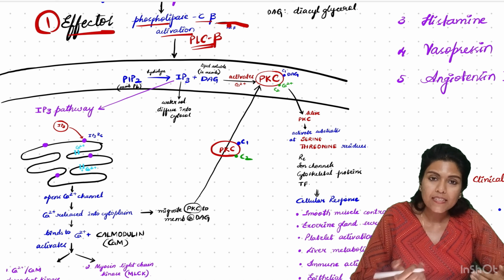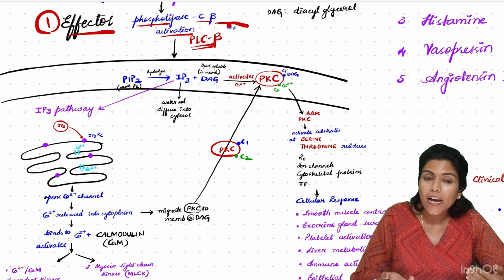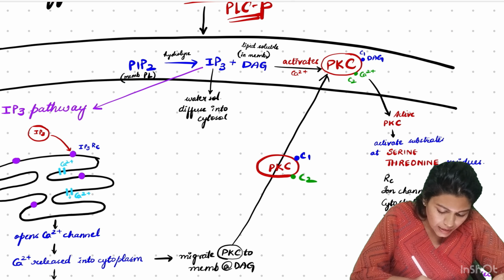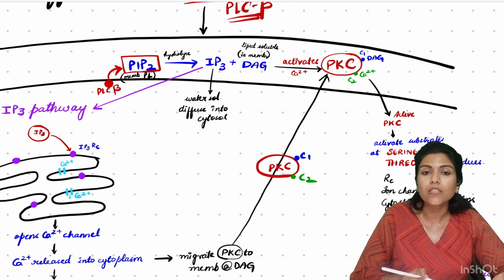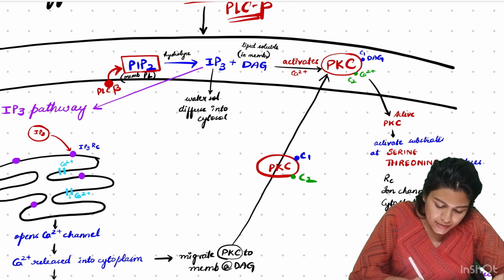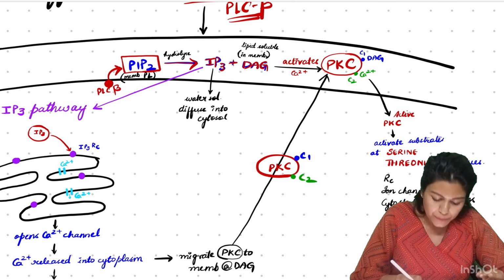Once this effector gets activated, it will cause hydrolysis of membrane phospholipids. The membrane phospholipid is PIP₂. This phospholipase-C beta, once activated, will act on the membrane phospholipid and cause its hydrolysis. PIP₂ will get hydrolyzed into IP₃ and diacylglycerol, DAG.